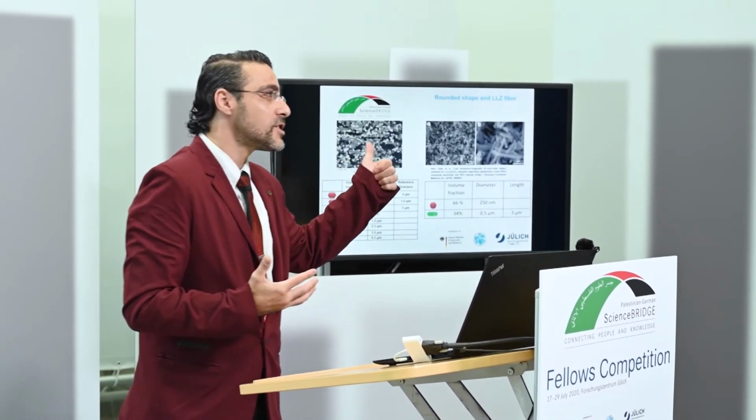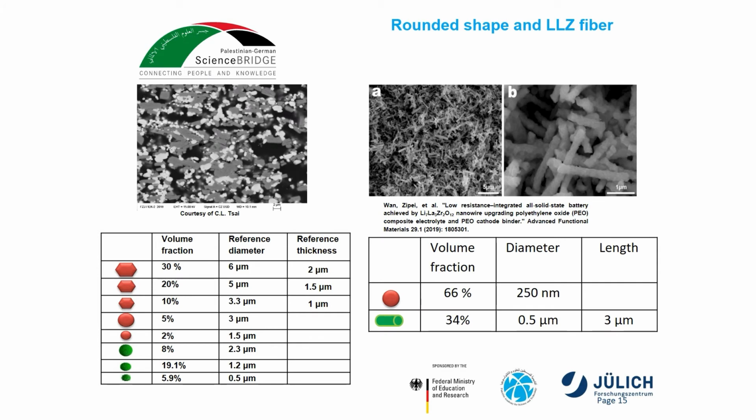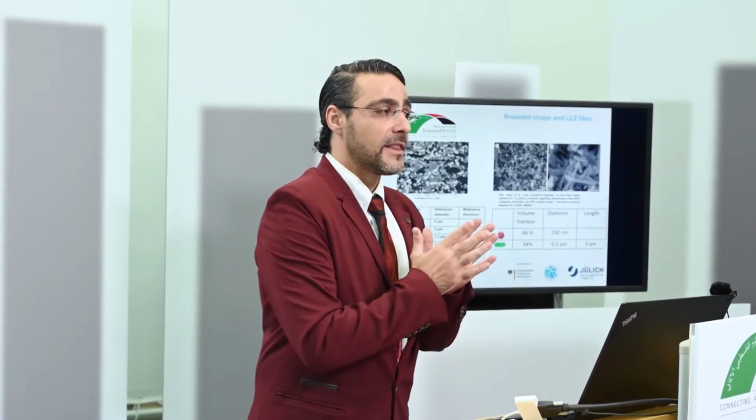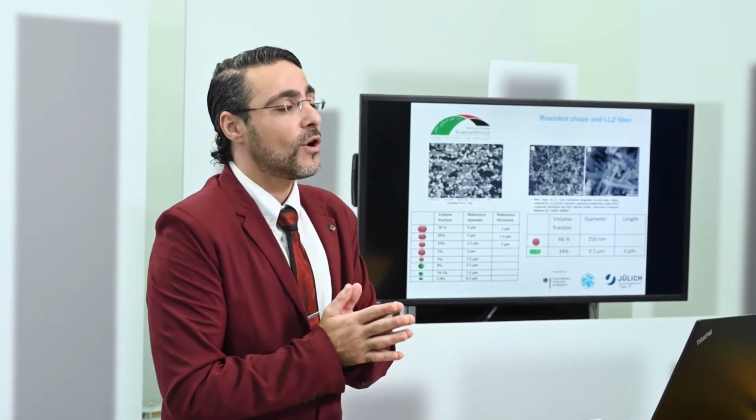The first is the rounded shape microstructure, where only two particle shapes are used, which are polyhedron for LCO and spherical for LLZ. And the second microstructure is the LLZ fiber, where we use a spherical shape for LCO, while LLZ is fibers.